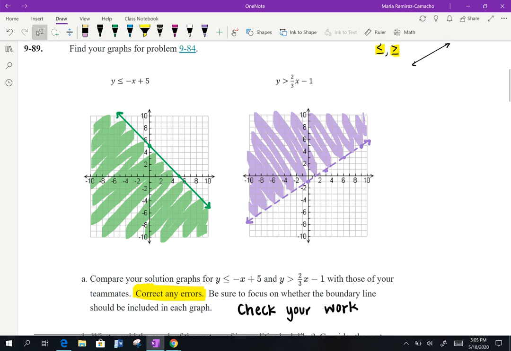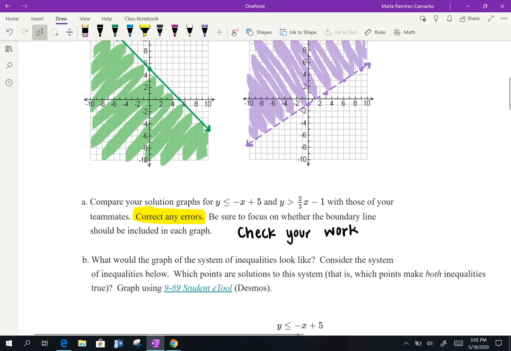They don't have to be shaded in color, but you do need that solid line for the first graph shaded below. Make sure that your slope and your y-intercept are correct. Remember, for y equals mx plus b, b is your y-intercept and m is your slope. And then for the second graph, make sure that your line is dashed or dotted and that you're shading above.